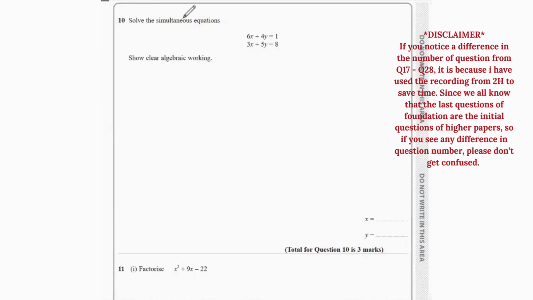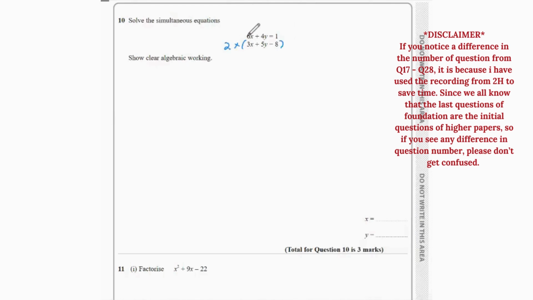So for elimination, what we do is pick the variable that we want to eliminate. Let's say I want to eliminate x. Why x? Because in the first equation, the coefficient of x is 6, whereas in the second equation, the coefficient of x is 3. So it's easier to turn 3 into 6 by multiplying by 2, which means I'll multiply the second equation by 2.